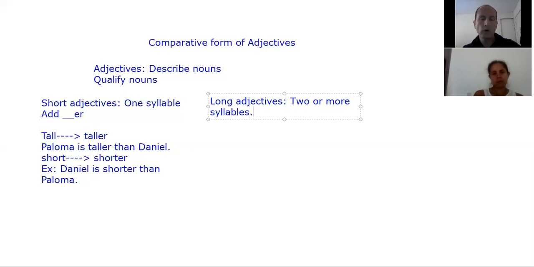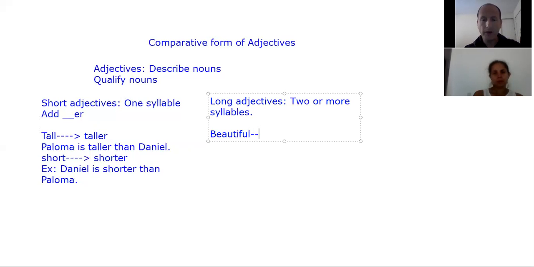Example, the most common one that is used is beautiful. If we count the syllables, we can see that beautiful has three syllables. It's a longer adjective.